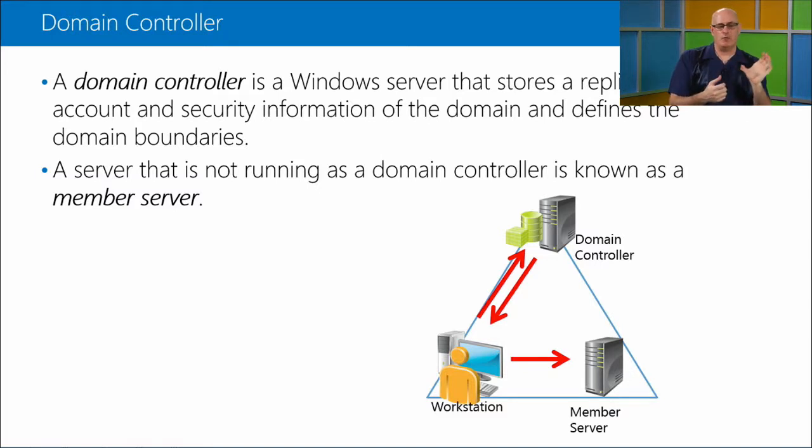If one domain controller is not in my locale, is far away, or goes down and I don't have access to it, multiple domain controllers still enable me access to my content and resources. A server not running as a domain controller is known as a member server.